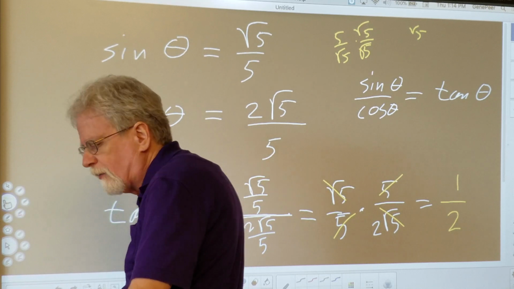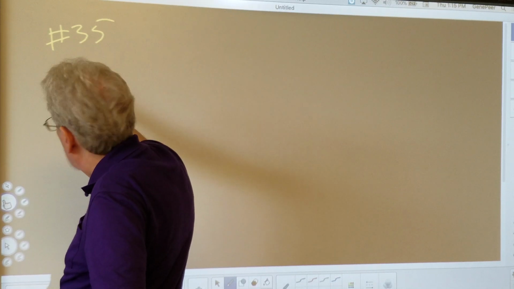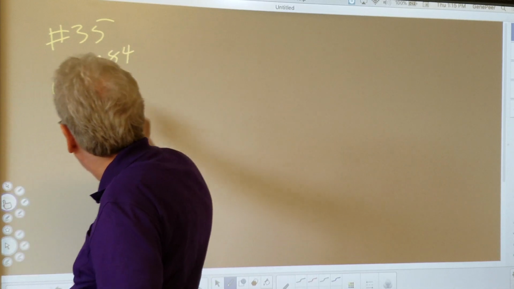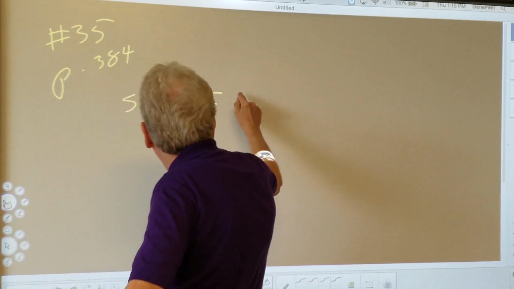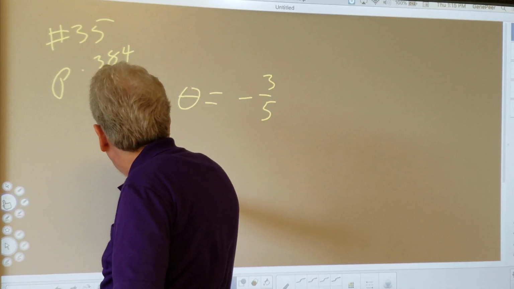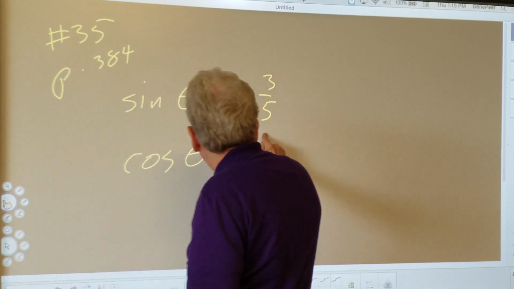Let's apply that to number 35. This is number 35 on page 384. It says the sine of theta is -3/5. And it tells us the cosine of that same theta is 4/5.